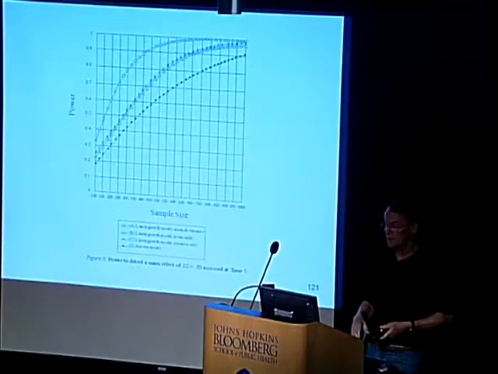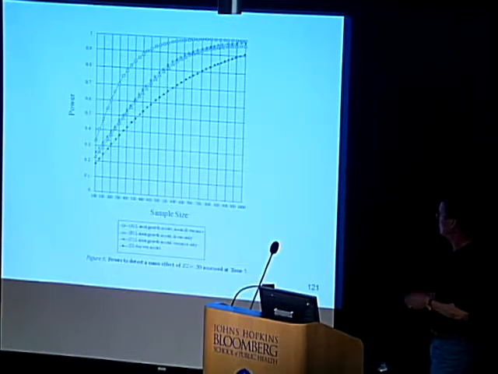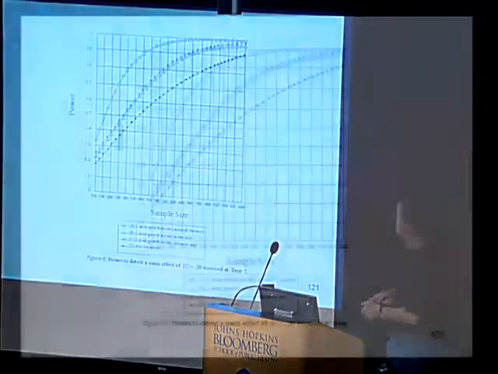But those steps were used to create these beautiful power curves where you can see on the x-axis different sample sizes and on the y-axis power. So usually we want power at least 0.8. So you can see which sample size you need, about 300 for this case and a little bit more for the other cases.